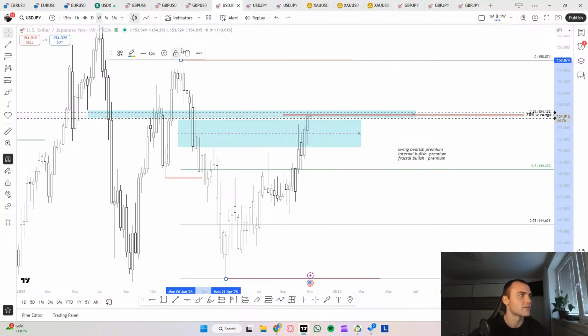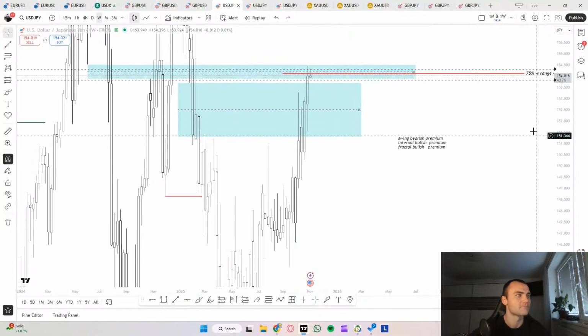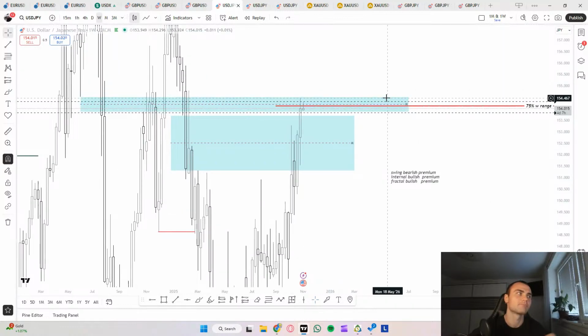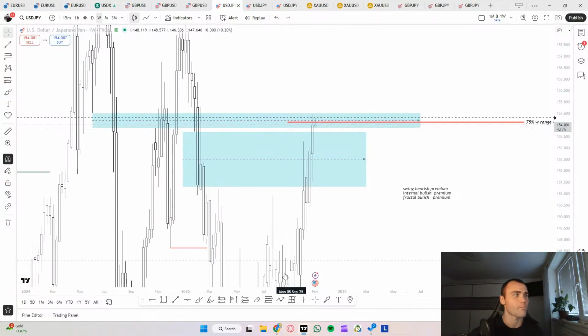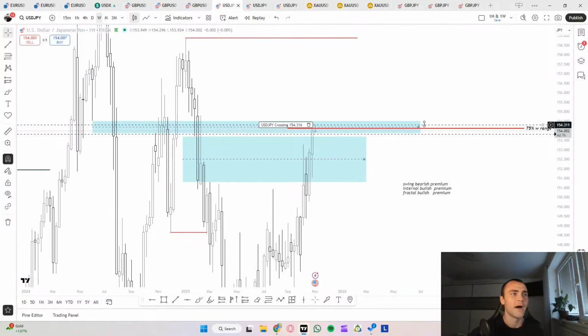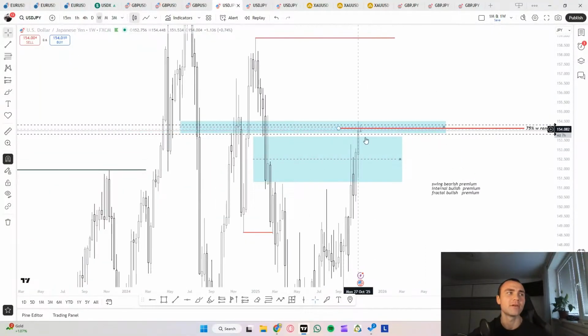Here is 75% of the range, which is a good confluence when we correlate it with the actual imbalance, and this makes this level a good level to look for trades.